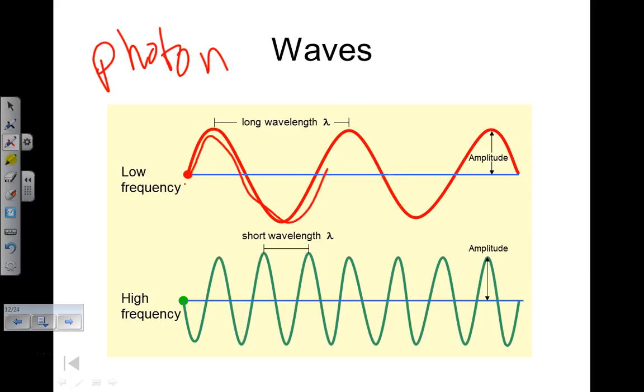So what ends up happening is that light can be considered both a wave, which we've been talking about all this time, but it also can be considered a particle. So there's something called the wave-particle duality, where light can act as both. Maybe more on that later, but for now, just realize that light is made up of waves.